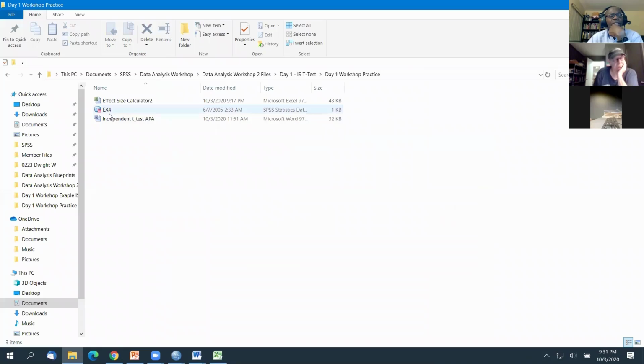This folder is going to have an effect size calculator, a template for an APA report, and a data file called EX4. You're going to open this data file and run the analysis.